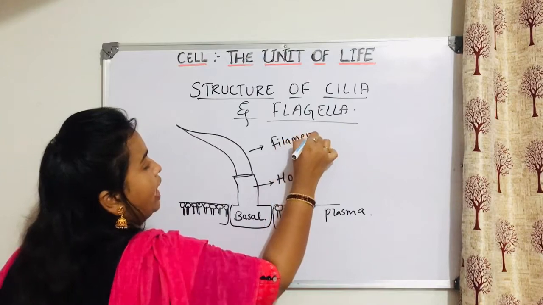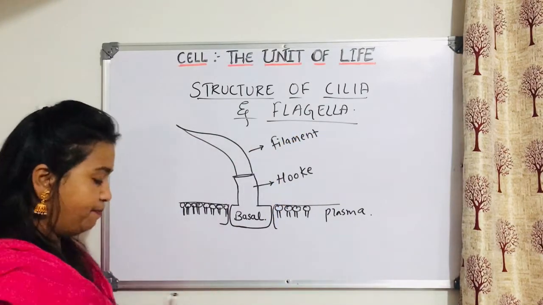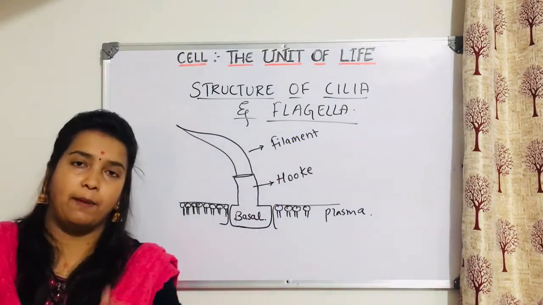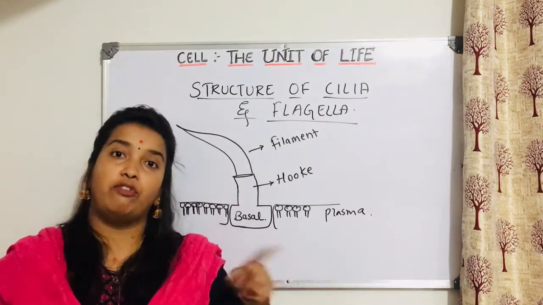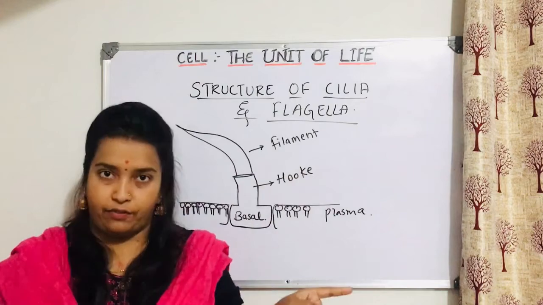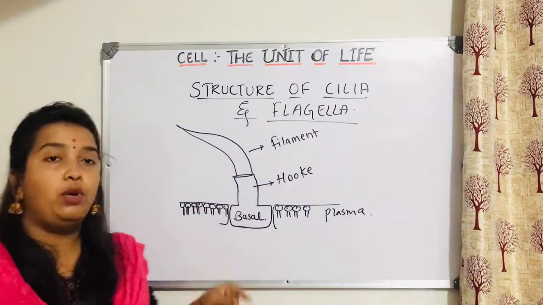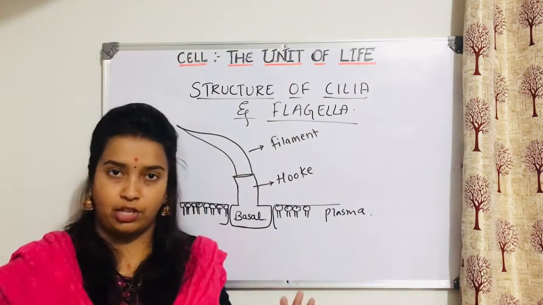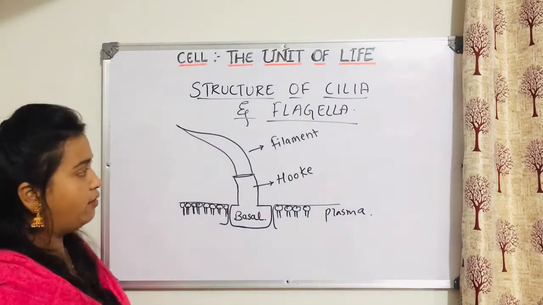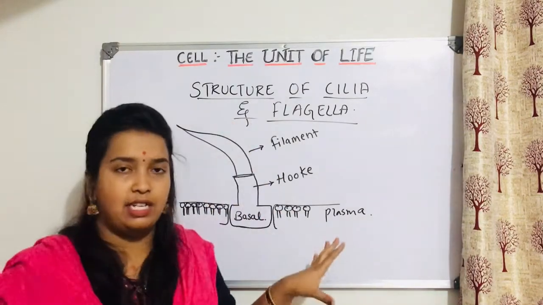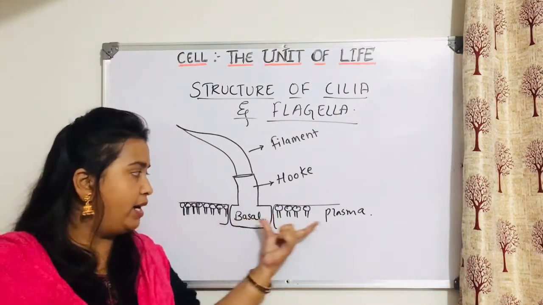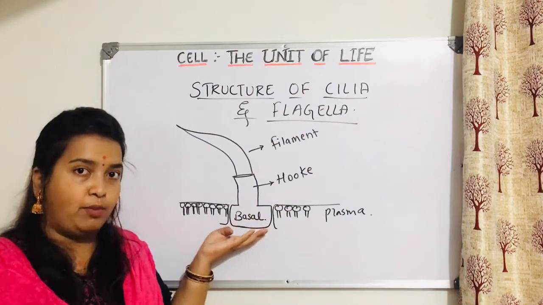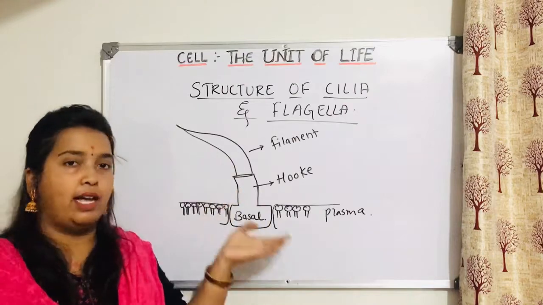Now don't get confused with the structure of prokaryotic flagella. Both look the same from outside, but the internal structure of prokaryotic flagella is different. We are talking about eukaryotic cilia and flagella. So this structure is the same: basal body embedded in the plasma membrane, and hook and filament outside.